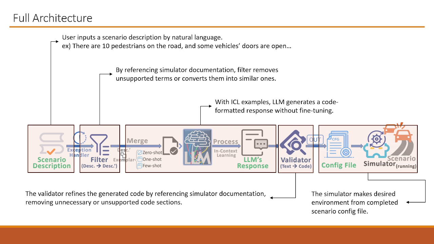Once the validated config file is finalized, it is fed into the simulator, which then generates the corresponding environment according to the specified conditions. By running this generated environment, the dataset can be automatically collected through repeated simulations, capturing the information of environment and sensors.